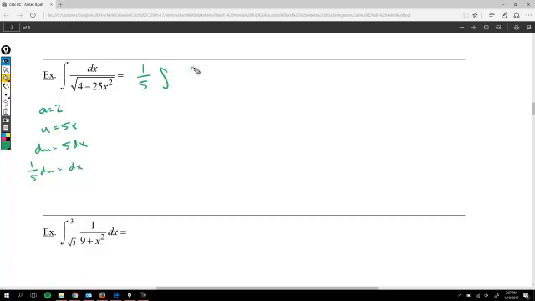Right, and so I'll have du over the square root of a squared minus u squared. Alright, so this matches perfectly with my arc sine formula. So I get 1/5 arc sine of my u, which was 5x, and my a, which was 2. And just remember to put plus c at the end.